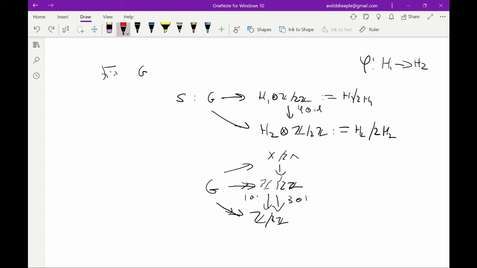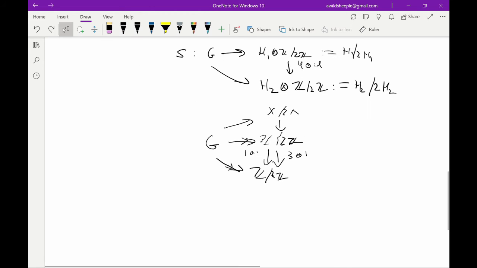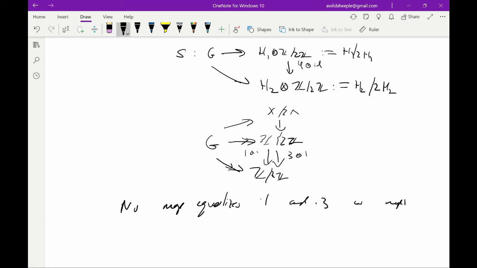On the other hand, if X is something else, like Z, or a Z mod nZ for even n, then it can't equalize the maps times 1 and times 3 upstairs unless that map is 0. So I should write that down. No map equalizes times 1 and times 3 as maps Z to Z and descends.